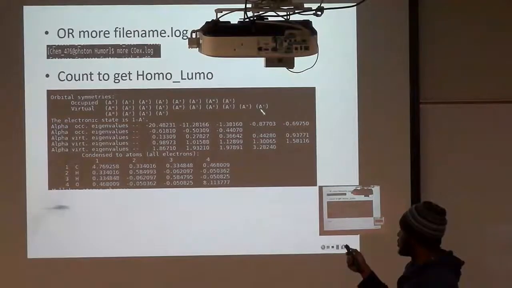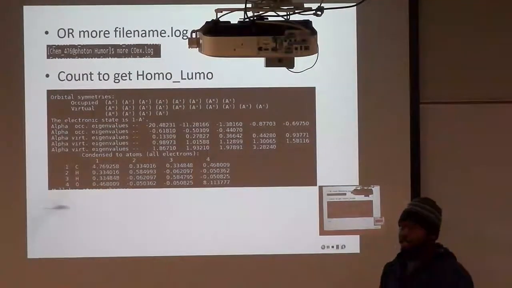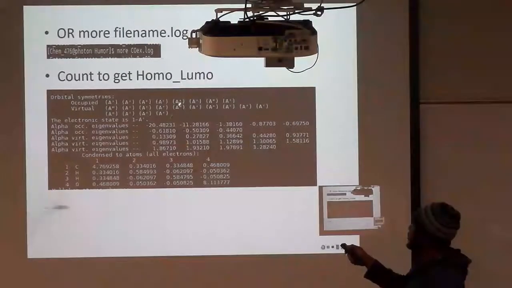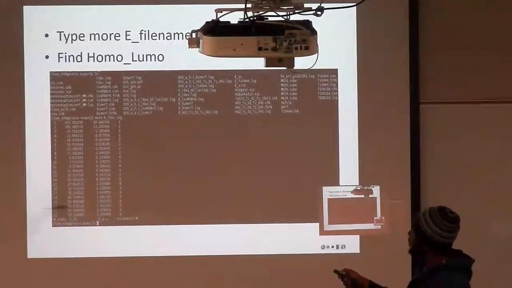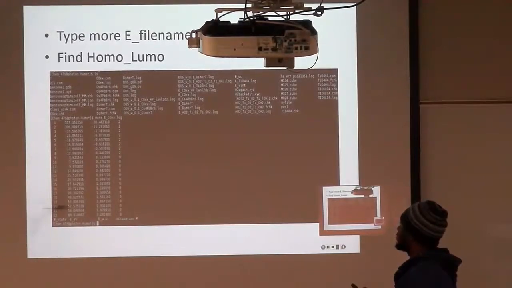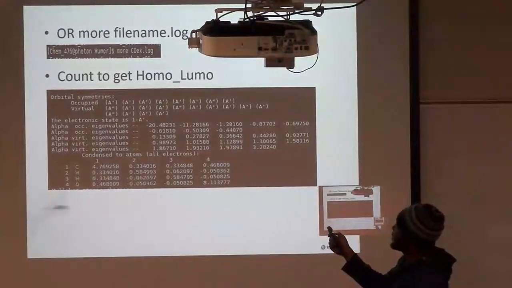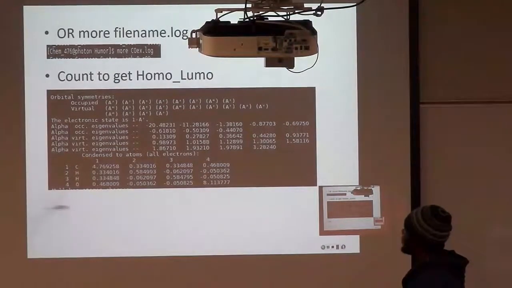Here you use the gaps to figure out, like Dimitri said in class, you can just count it: I have 1, 2, 3, 4, 5, 6, 7, 8, right? And here it goes all the way down to 8 as well, which matches it. So this is another way of figuring out your homo lumo too.